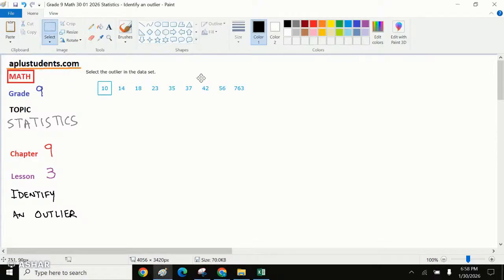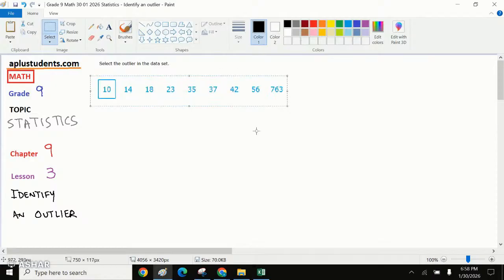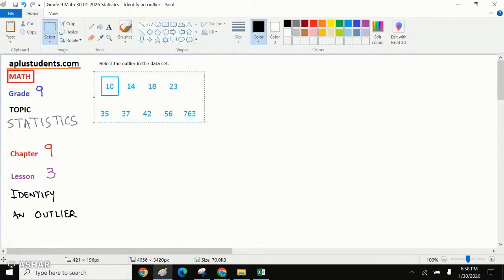Okay, question number 1 says, this is the data set that has been provided to us. These are the values, and we need to find an outlier out of these values. In order to find an outlier, we need to find a number that is out of the range, not very close, very far away.